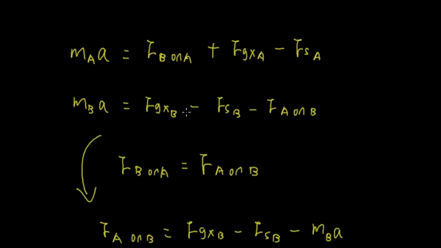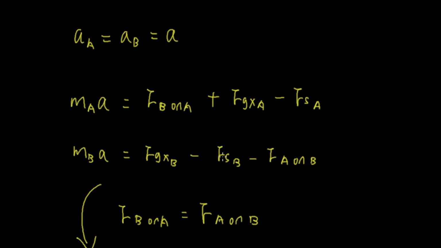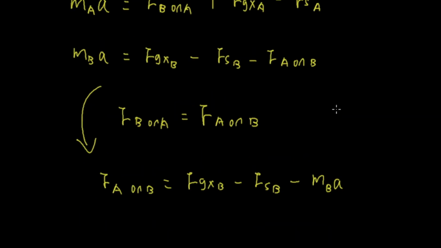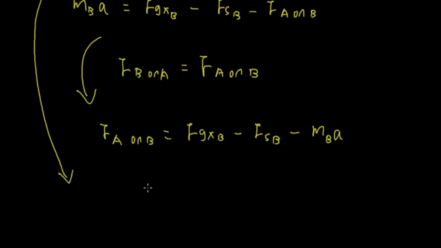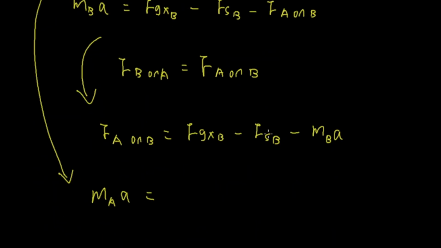this, so I can replace this equation into here, right? Okay, so let me do this. So from here down. Okay, so mass A acceleration is equal to, so this is equal to this.